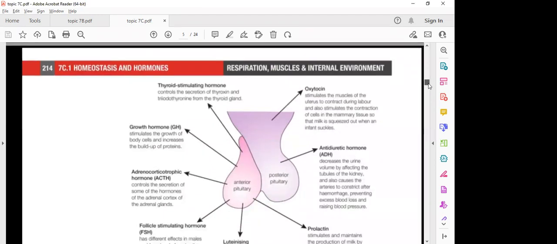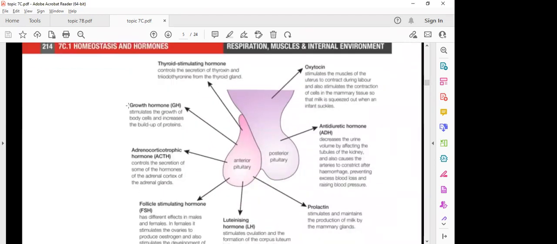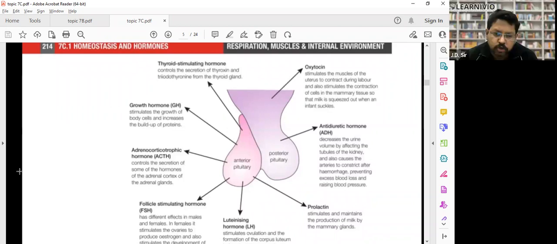Sir, is it possible for someone to have high prolactin levels even if they're not pregnant? Maybe they have an abnormality, but normally that is not possible. But sometimes after the pregnancy, after the birth, it keeps on secreting prolactin, meaning the milk formation keeps going on. Sometimes it happens due to hormonal abnormality, that I have seen.